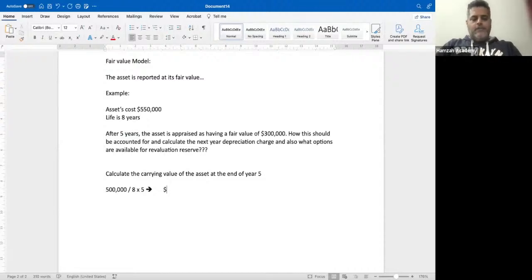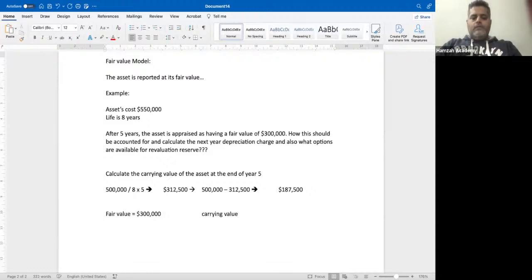This is 312,500, right? So the carrying value is 187,500. Done? So this is the carrying value at the end of year 5. Now, this carrying value has to be compared with the fair value, right? The fair value is 300,000.